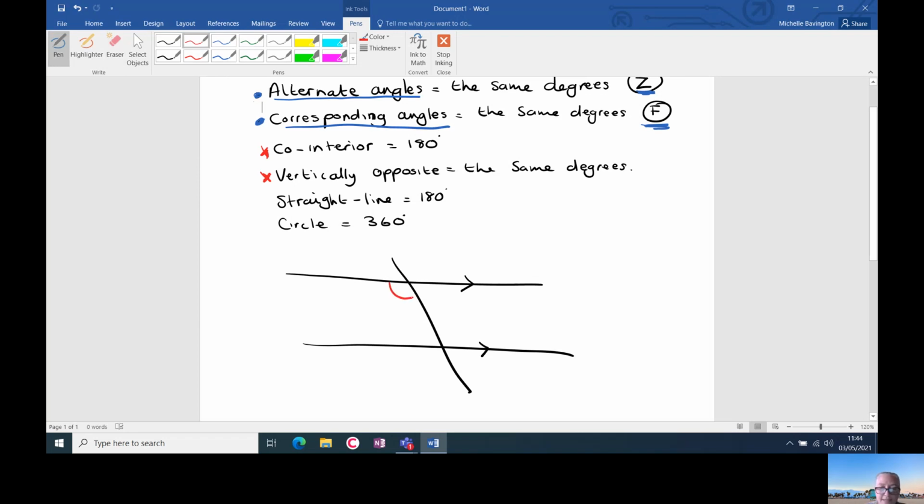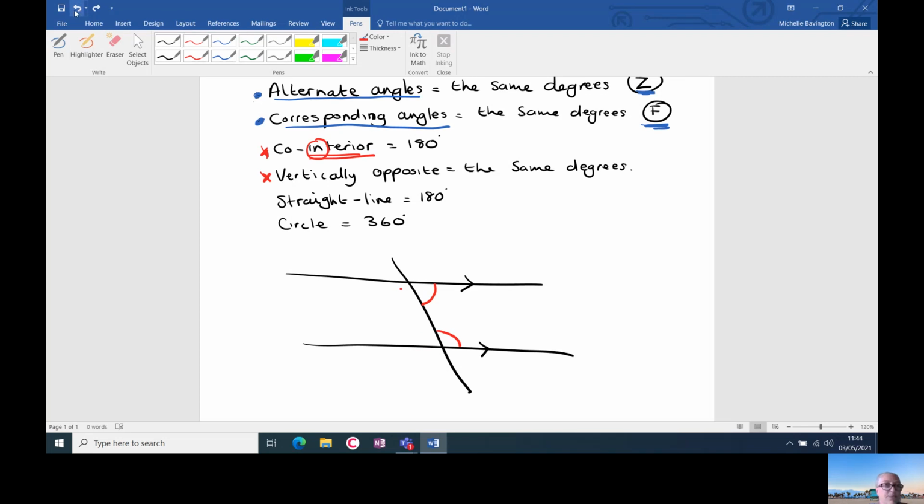So this and this will make 180, or this and this must make 180. Inside. Interior. Inside.